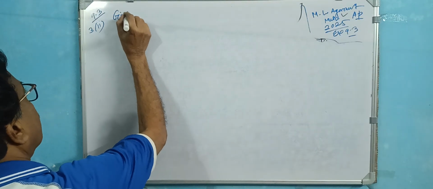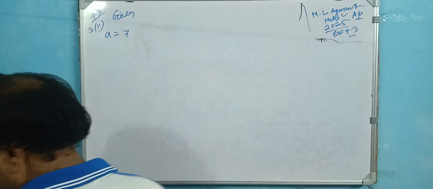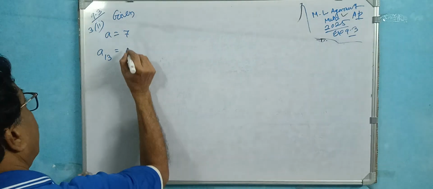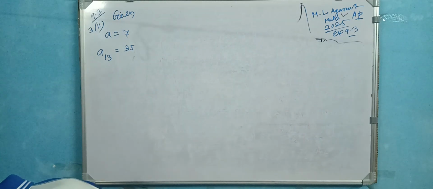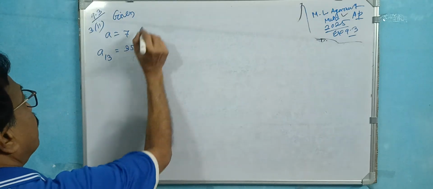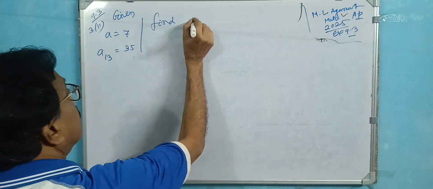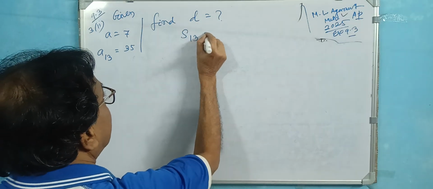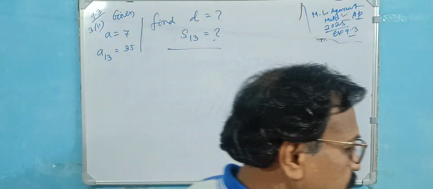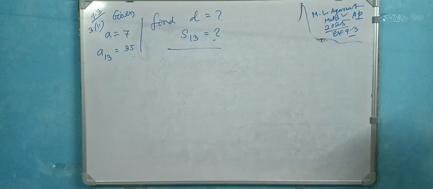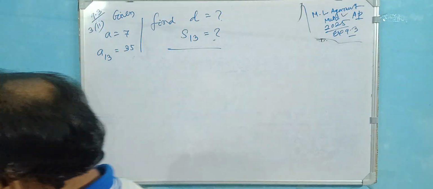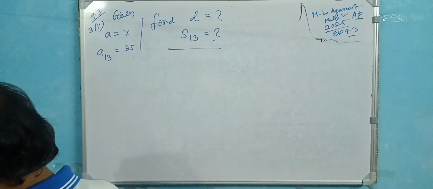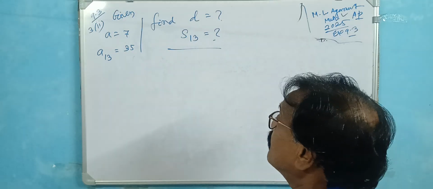Given, actually all are given. a is 7, a13 is 35. Find d and S13.